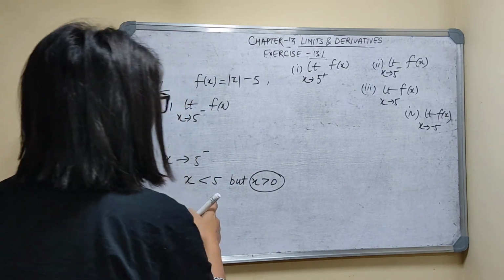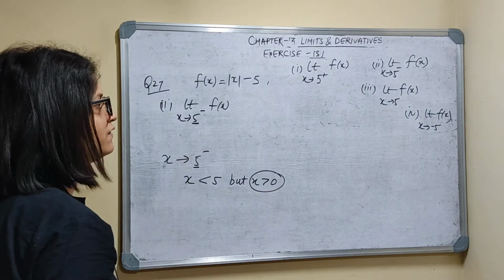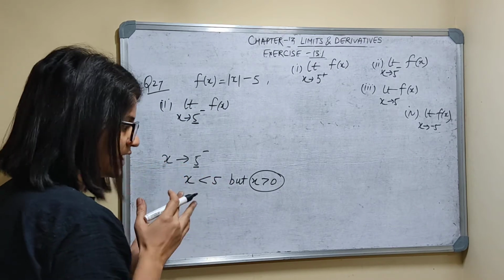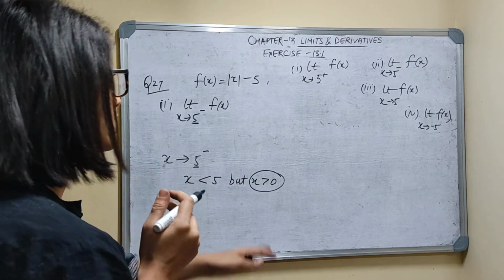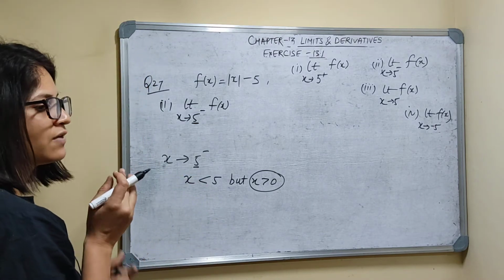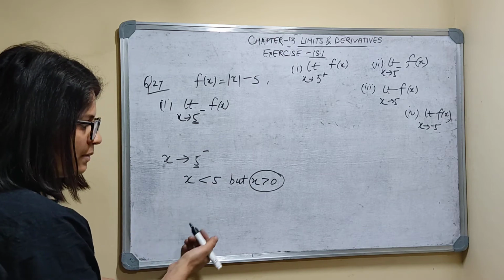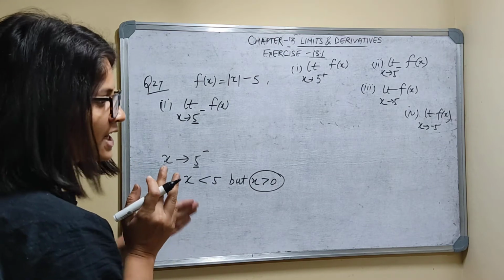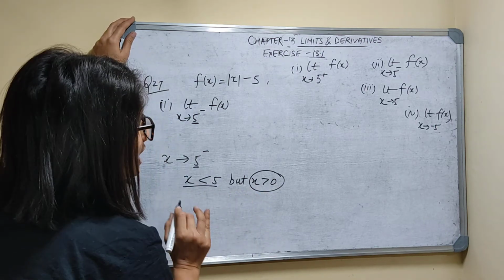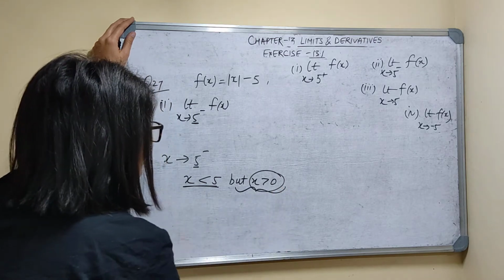X is less than 5 but x is greater than 0. The point is, 5 minus and 5 plus should be a neighborhood of 5. It can't go less than 5 meaning a negative number. It is in the neighborhood, like 4.9, 4.99, like this. If it is less than 5, it can't be minus 1, minus 3. So in every condition x is less than 5 but x will be greater than 0.